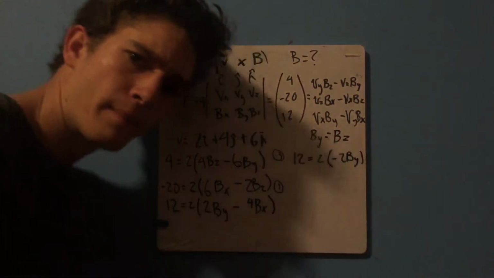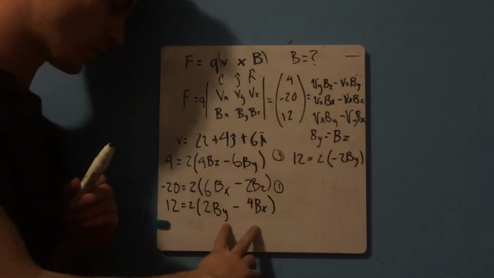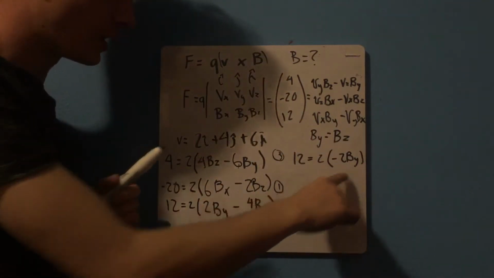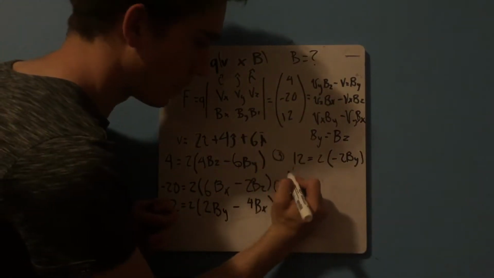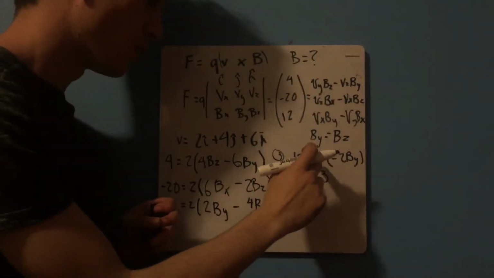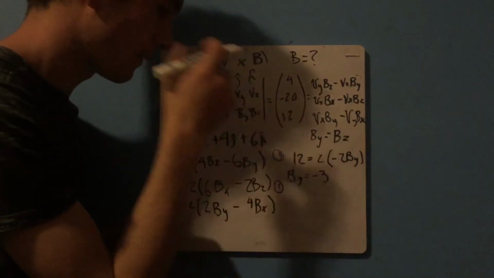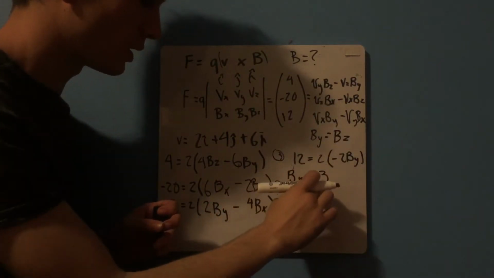Alright, so it is minus 2by because of this. So we just subtract these two terms, which are the same, and we get this. So we basically know that by equals minus 3, because we multiply this by 2 and we get a 4, and then we divide the 12 by the 4 in order to work out by, which equals minus 3.